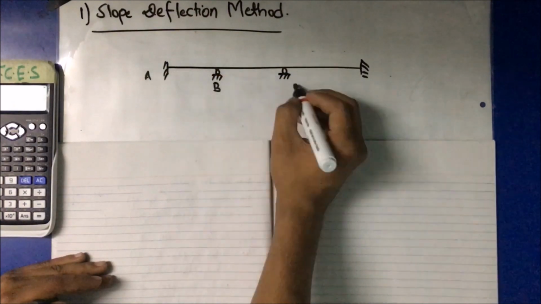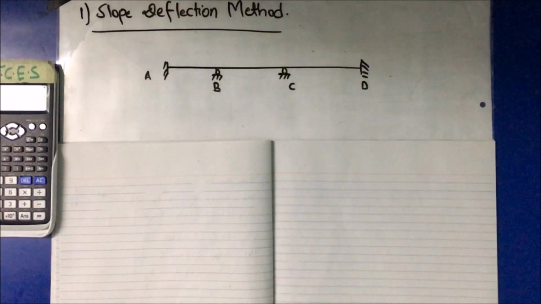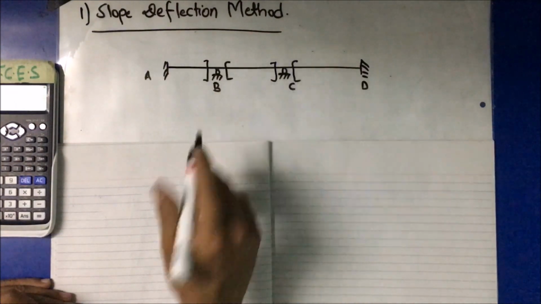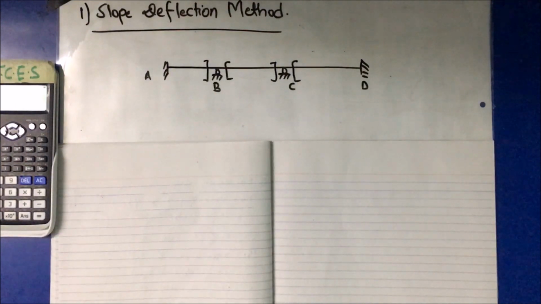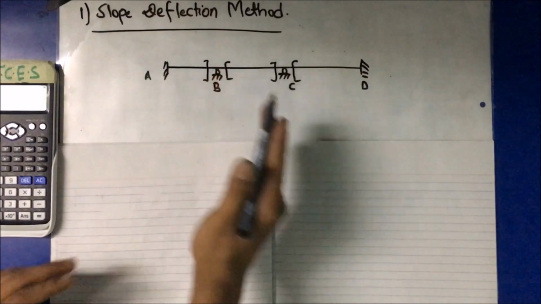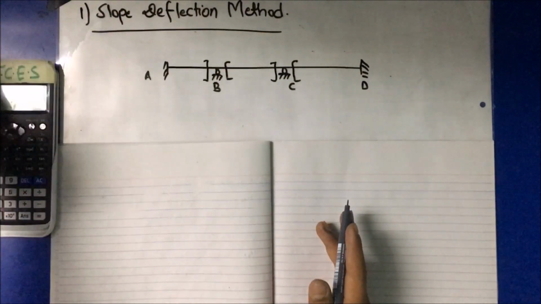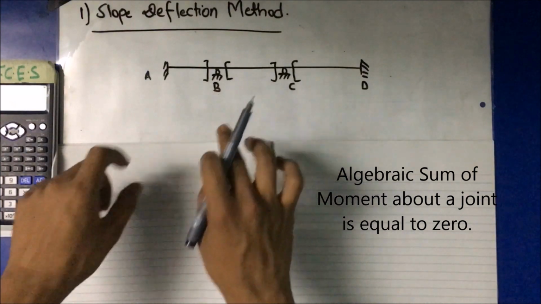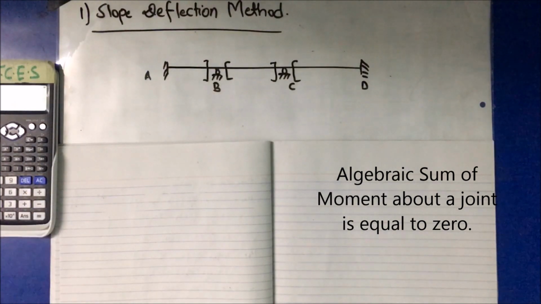A, B, C and D. At joint B we can apply the joint equilibrium condition. So what actually is the joint equilibrium condition? Joint equilibrium condition says the moment about the left portion and right portion of a point is equal to 0.